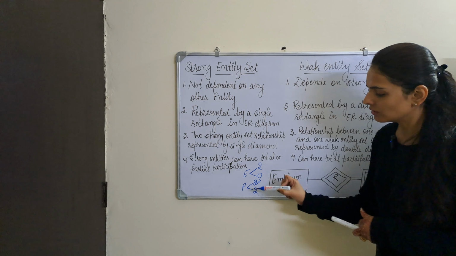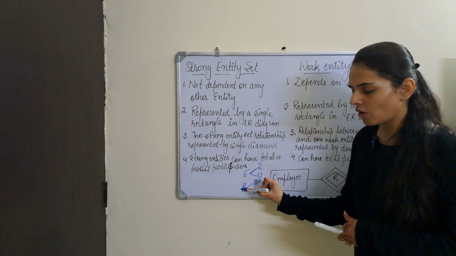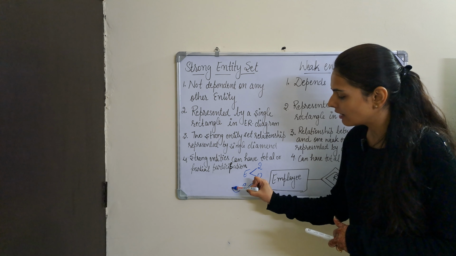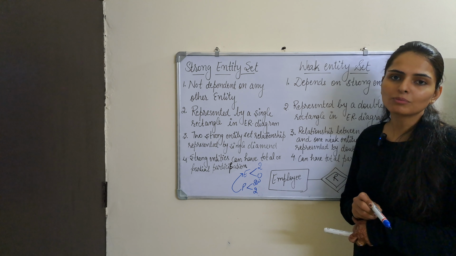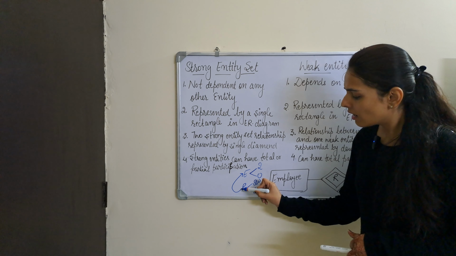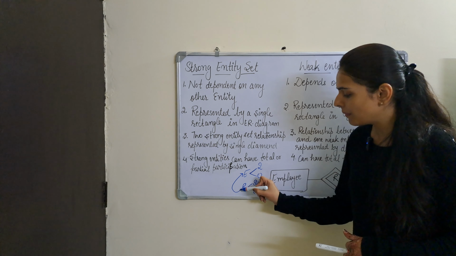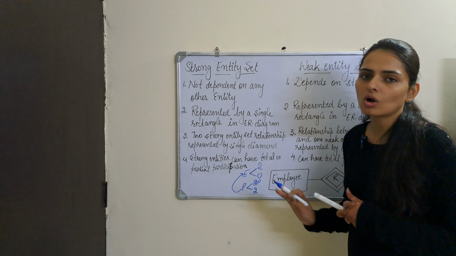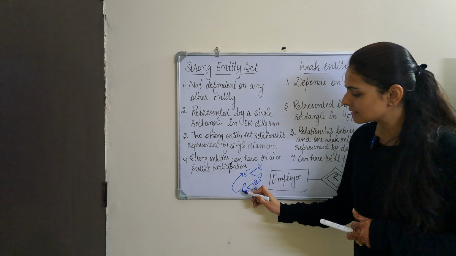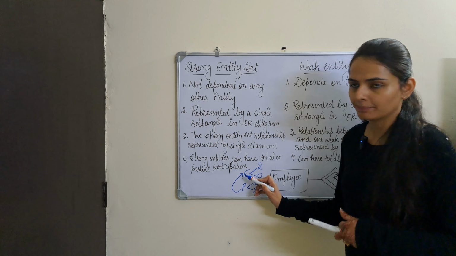And we understood that whether a project will be given to a company or not depends on whether there is some employee in the company who can work on that project, right? So whether a project is going to exist in the company or not depends on there being some employee who is there to work on the project. So existence of project depends on the existence of employee.